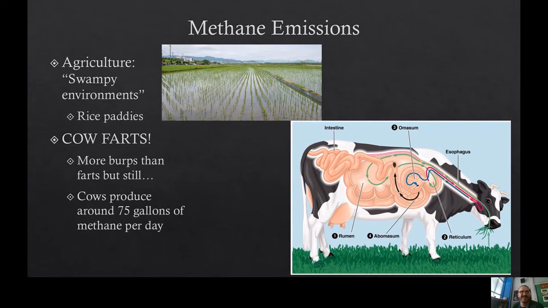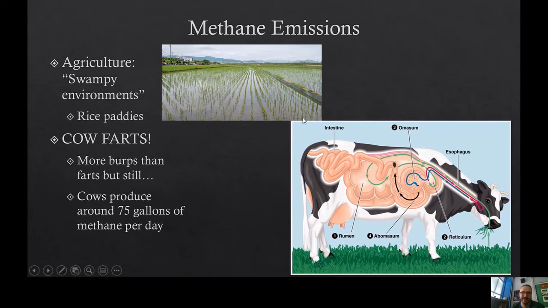That next biggest slice of global warming was actually caused by methane, this other greenhouse gas. And methane, I mentioned, was created in swampy environments by bacteria. And it just so happens that one of the leading calorie crops that's consumed worldwide is rice. And you might not know how rice is grown, but rice is grown in what's called a rice paddy.